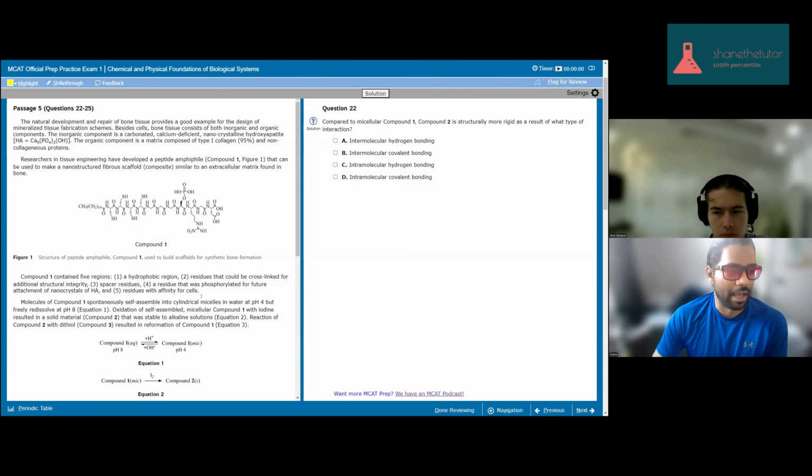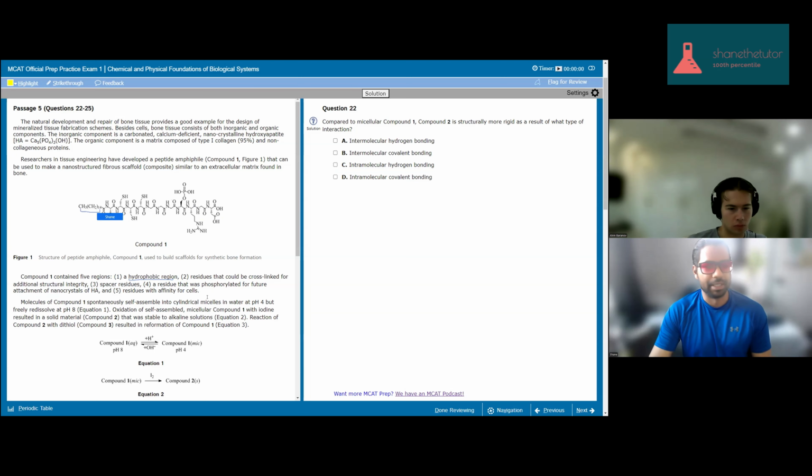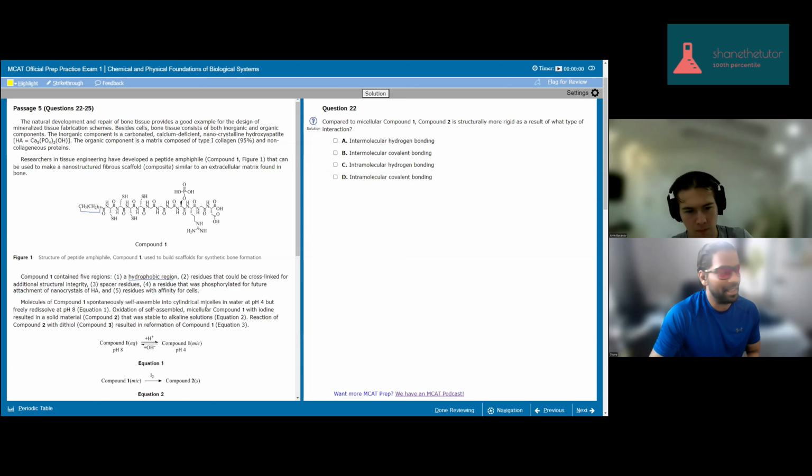If at the time you weren't sure what that meant, when they said hydrophobic region, none of this other stuff seems very hydrophobic, right? So that should be what that means. What does affinity for cells mean? I guess it likes cells, but I can't tell anything else about that. No worries.